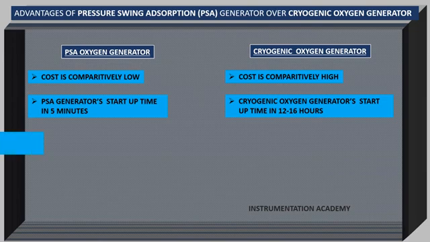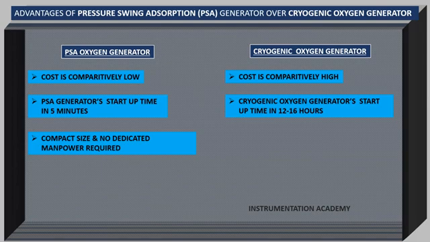PSA oxygen generator is a very compact size unit and does not need dedicated manpower. It keeps working round the clock without any supervision. While a cryogenic oxygen plant is very large equipment requiring a lot of sophisticated controls and the maintenance cost is also high. So dedicated manpower is needed to monitor the operation of a cryogenic oxygen plant.